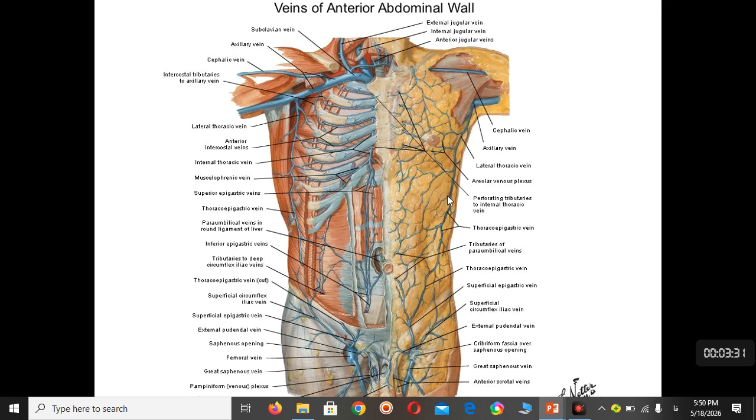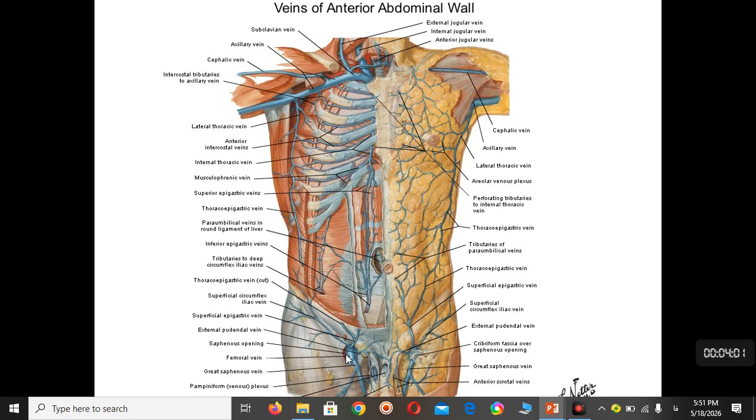This means that the thoracoepigastric vein relates the femoral vein in the lower limb to the axillary vein in the upper limb. When we have a closure here, the blood comes from the thoracoepigastric vein to the saphenous vein and femoral vein.